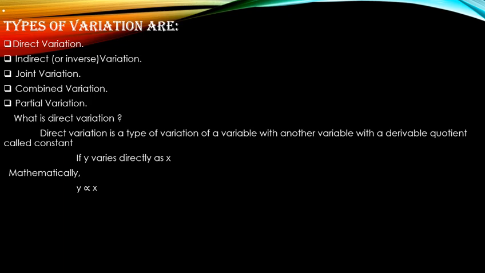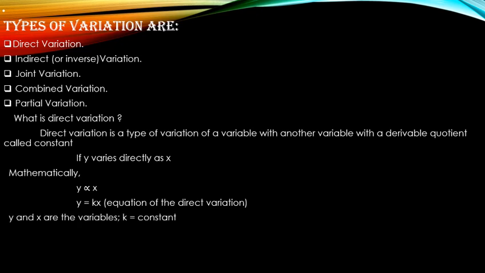What is direct variation? Direct variation is a type of variation of a variable with another variable with another derivable quotient called constant. If y varies directly as x, that's the sign I talked about earlier in the previous slide, then y is equals to the constant k times your variable.